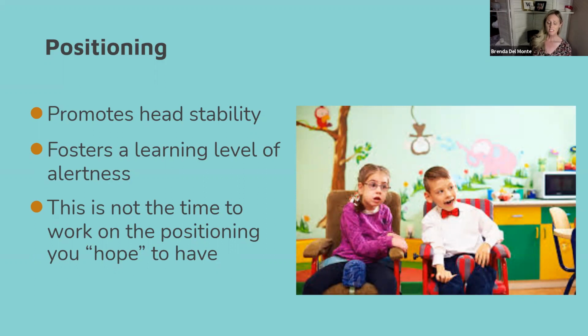Sometimes I'm working with an OT or a mom and the kid leans this way and she's like, oh, can we put the eye gaze over here? It will make her sit up straighter. And the answer is no, because if sitting up straight is hard and communication is hard, she's not going to do either.